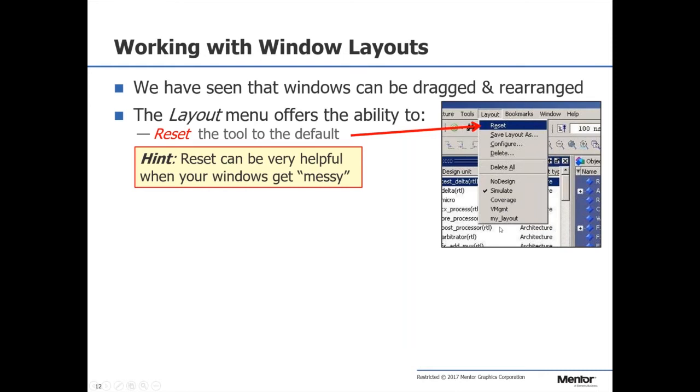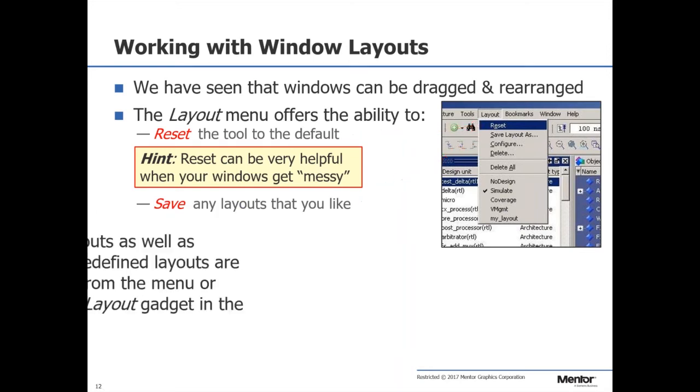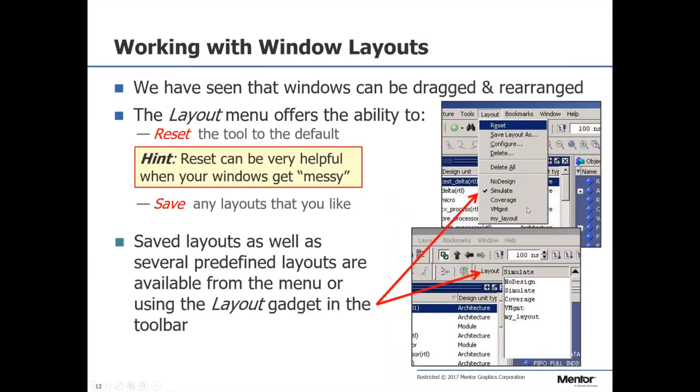If for some reason you're moving windows around and things get kind of messed up and you want to put them back to the default, you can always say layout reset, and that'll reset it back to the normal. As I said, you can save a layout. Once you've saved a layout, you can switch to any other layout that is available. I usually do it from up here on the main menu and go layout, but there's also a toolbar that allows you to do that.